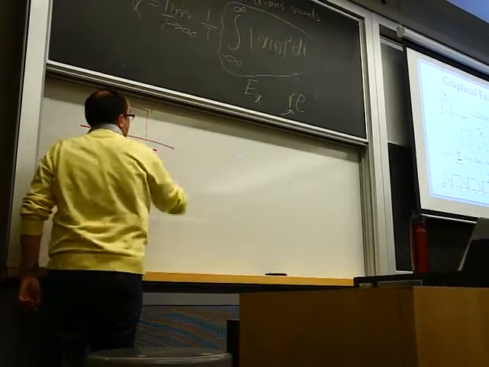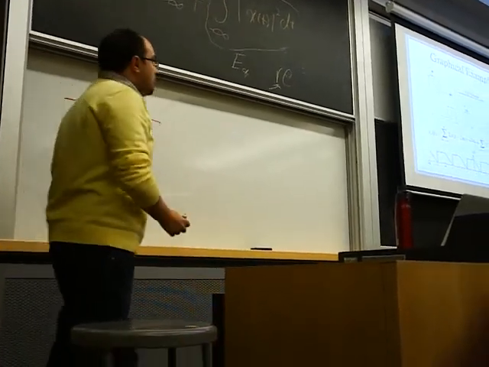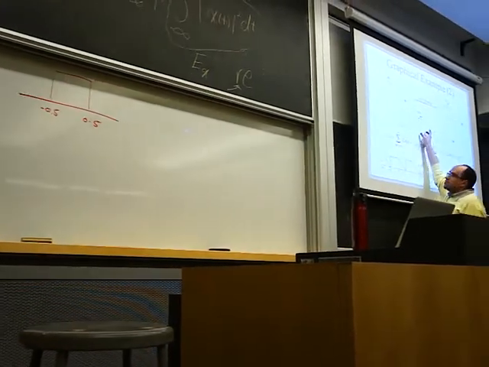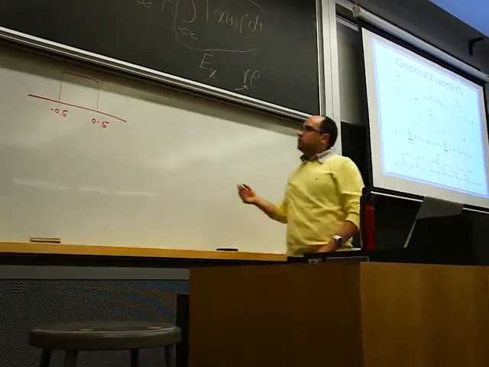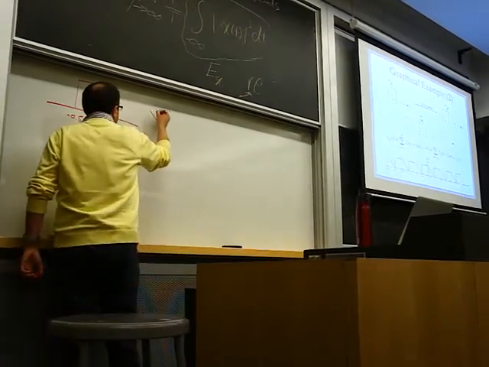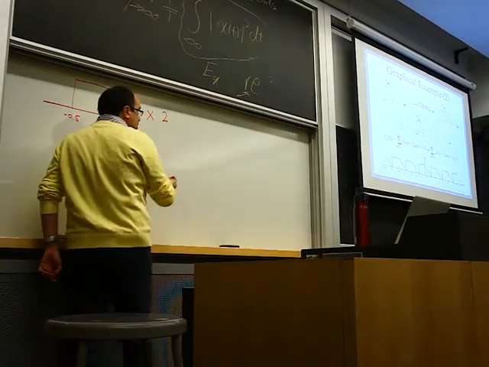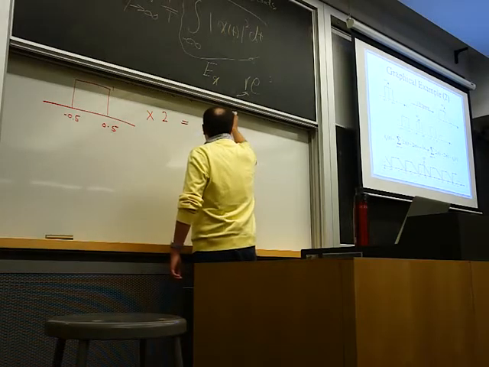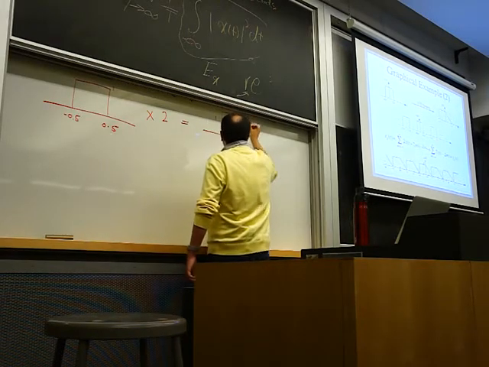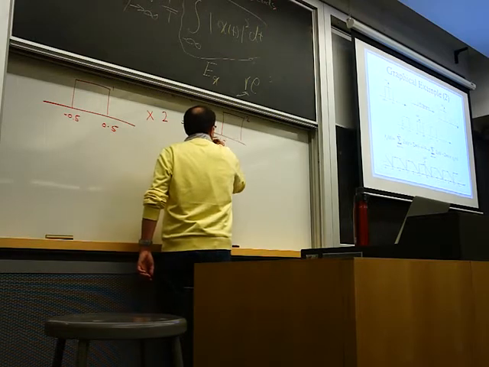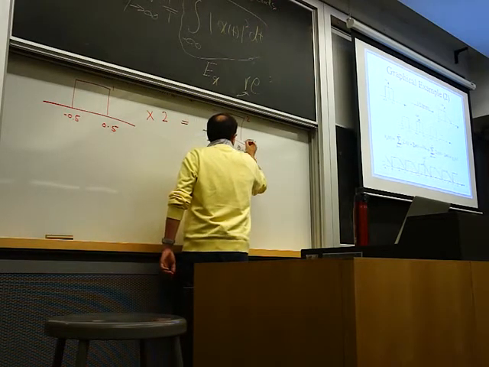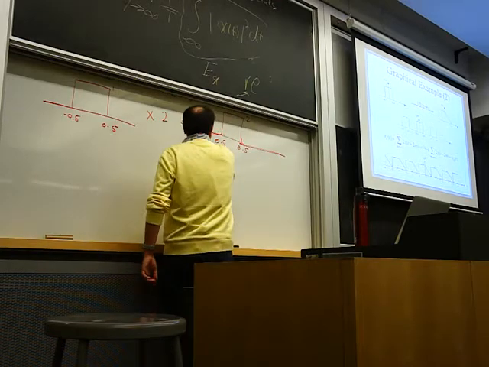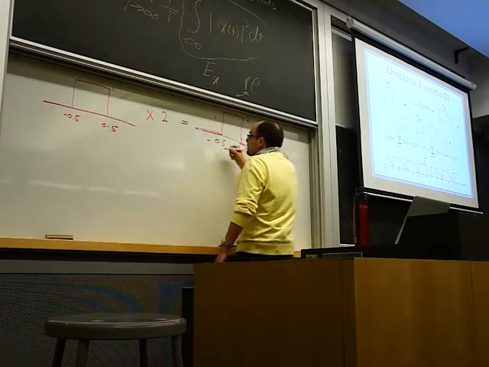The magnitude is 1, the original one. So let's construct first this portion. What do I have to do? I simply multiply this by 2. That will give me a magnitude of 2, from -0.5 to 0.5. And the key is that everywhere else the value of the signal is 0.